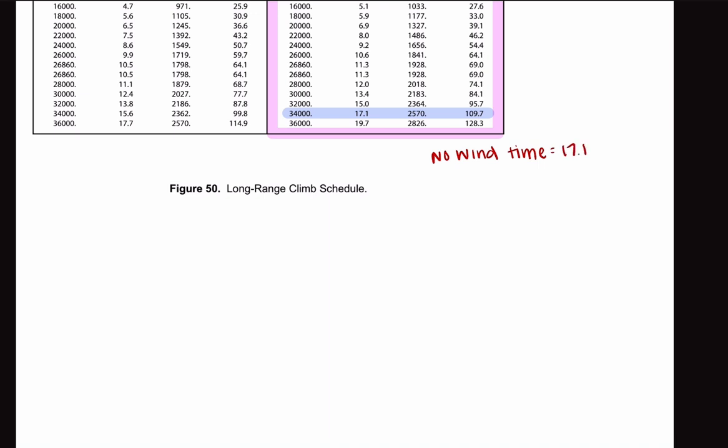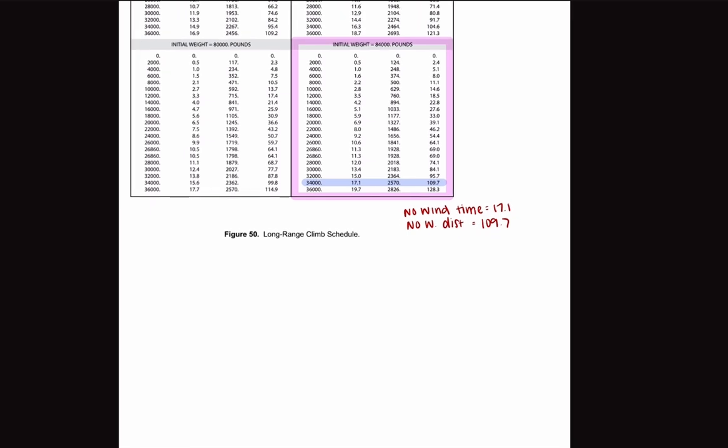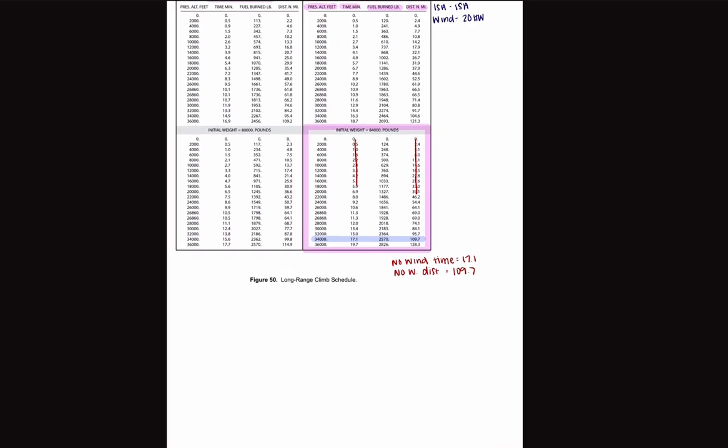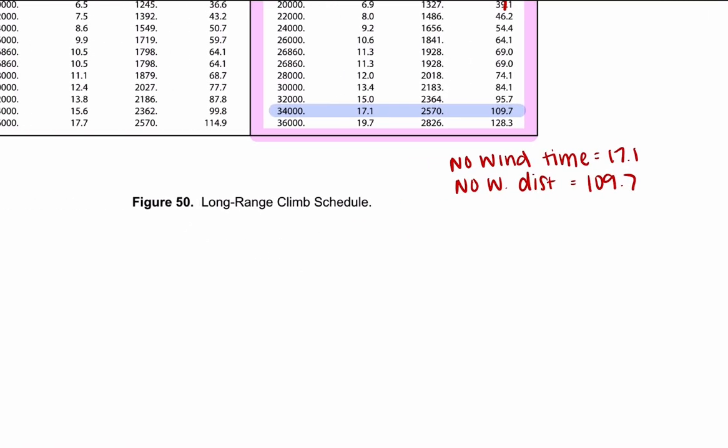Once you get that, you need your no wind distance. So I'm just going to put no wind distance. It's going to be 109.7. And remember, we're just getting that from the chart. This is distance, this is time, and I think this is fuel burn. Yes. So once we have that, we need to figure out our ground speed.